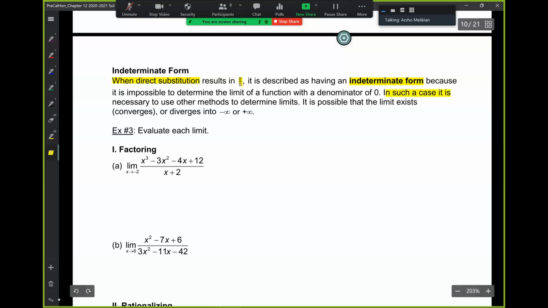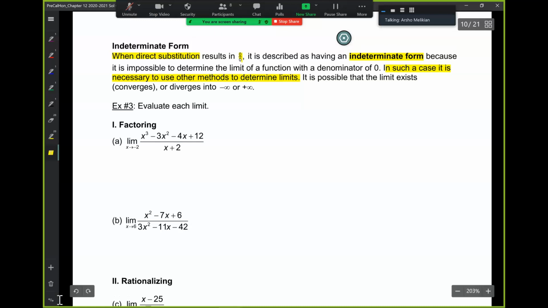What we have to do is use other methods to find the limit, okay? All right, so there are several things we can do. One solution is factoring. We know how to factor. Let's factor. All right, so take a look at this. You plug in x equals -2, and I promise you get 0 on top, 0 on the bottom, right?